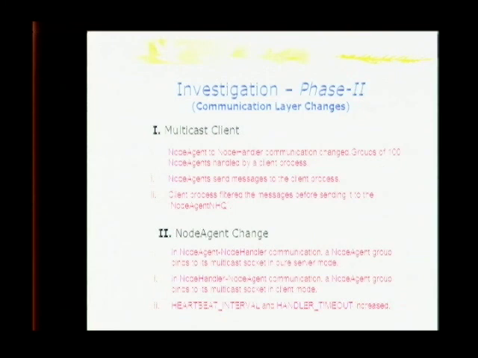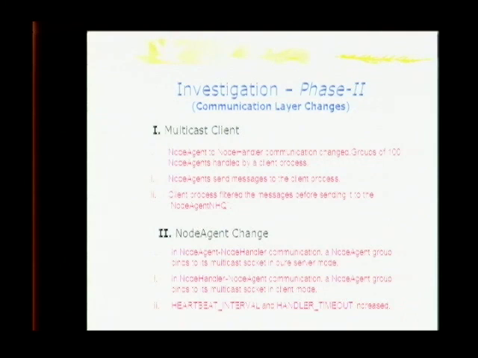The node agents, instead of directly sending messages to the node handler, send messages to the client process, and the client processes filtered the messages before sending them to the message queue. Because of this change, I had to make slight changes to the node agent communication layer too. For the node agent to node handler communication, the node agent was changed to communicate with the client process.